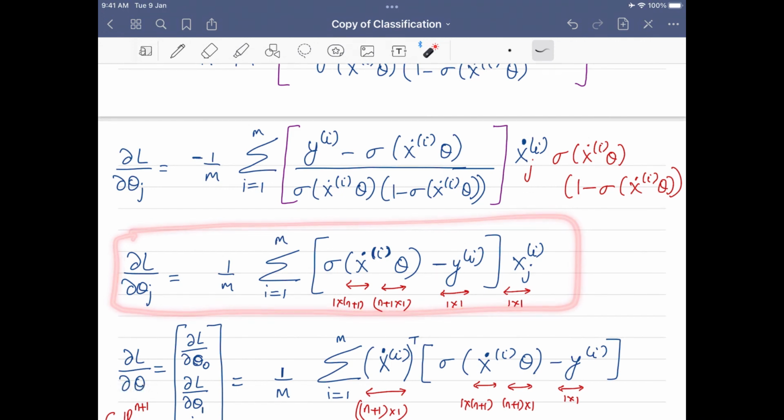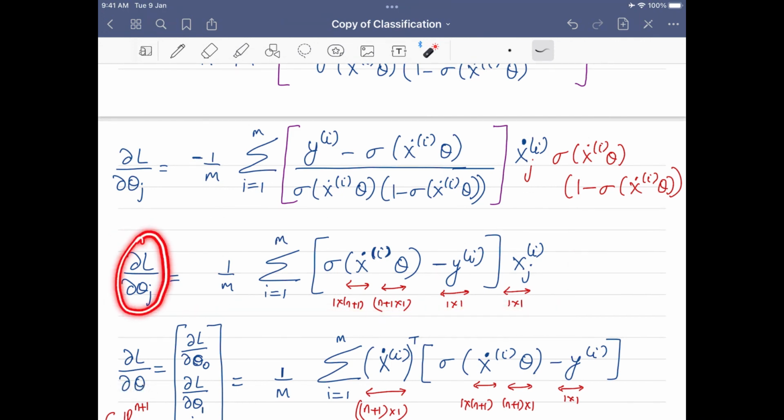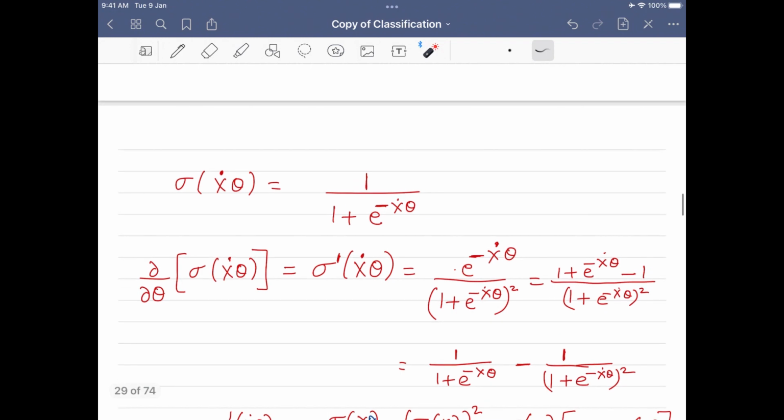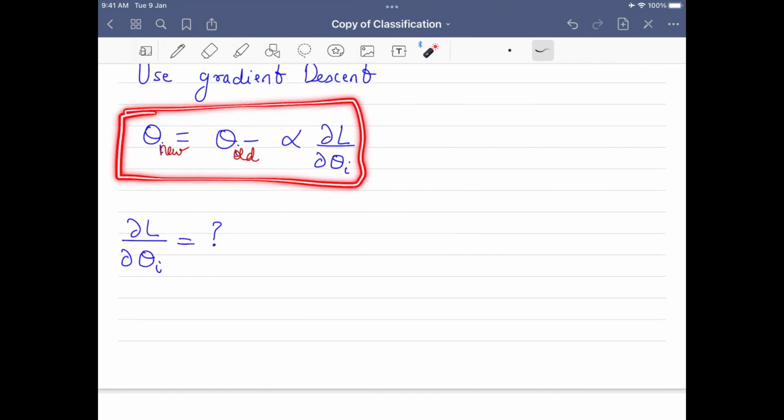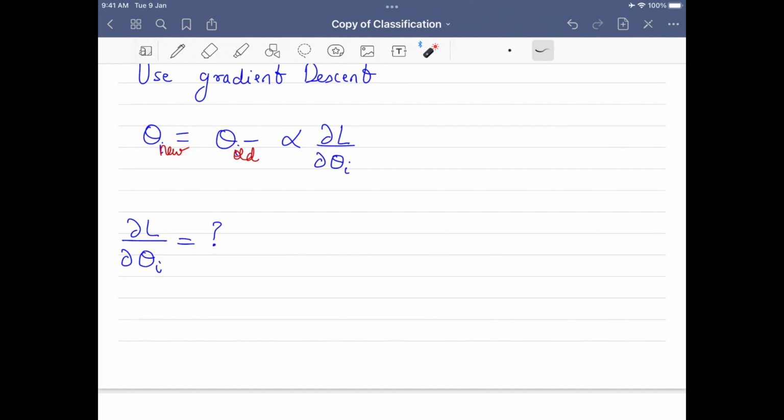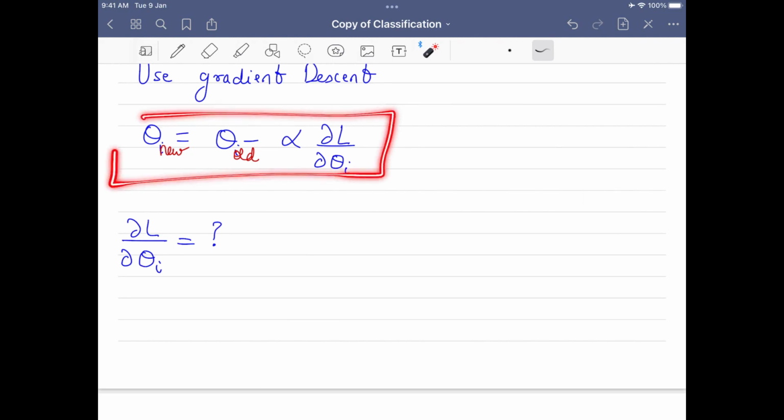So this is the derivative of the loss with respect to theta j. Once you have this derivative available, you can plug it into this gradient descent equation given over here, and you will get the updates of the value of theta. You can evaluate that by using this expression.